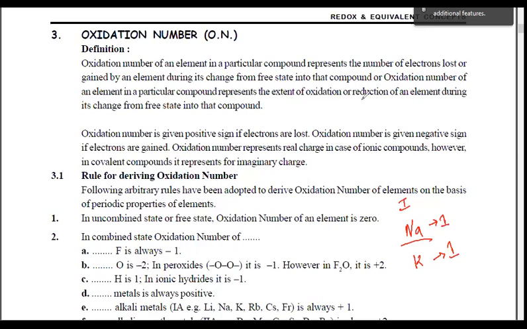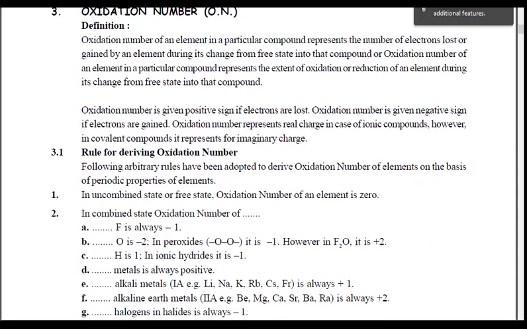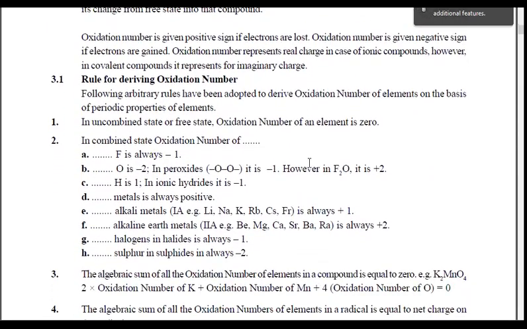In the same way, we have some rules of oxidation number that you should write down and remember. The rules are, for some elements, the oxidation number is fixed. For example, fluorine. Fluorine is the most electronegative atom, so the oxidation number of fluorine is always -1. It is fixed.